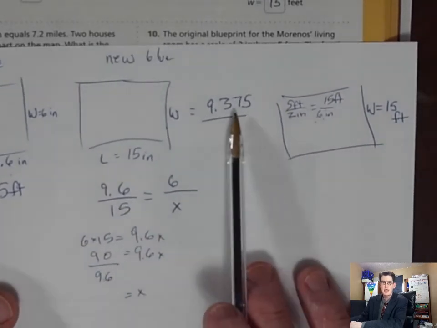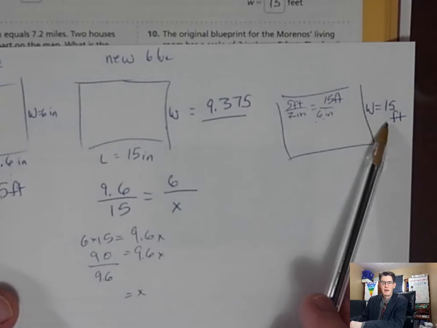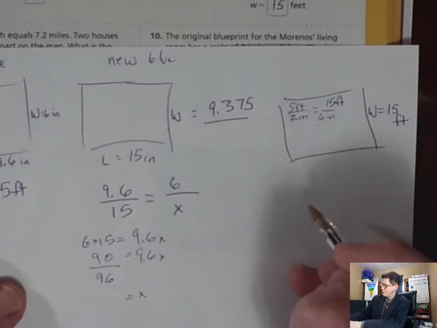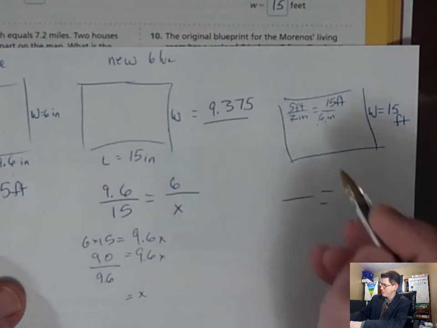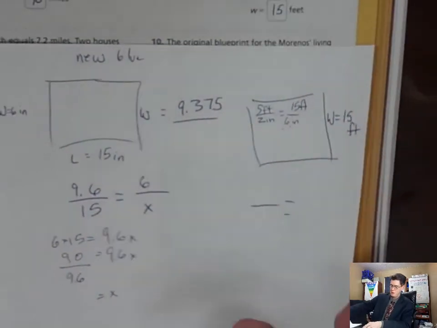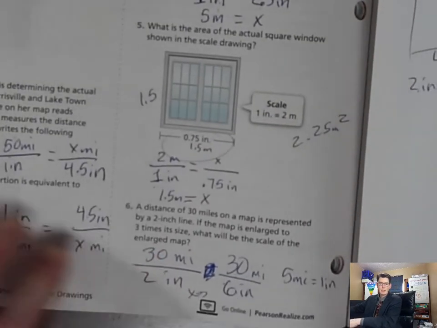But what's the new scale to get from here to here? You're writing this like we did on number 6 down here.